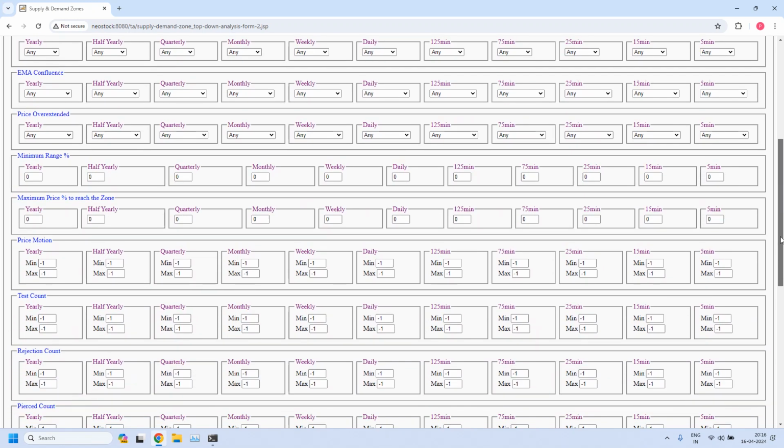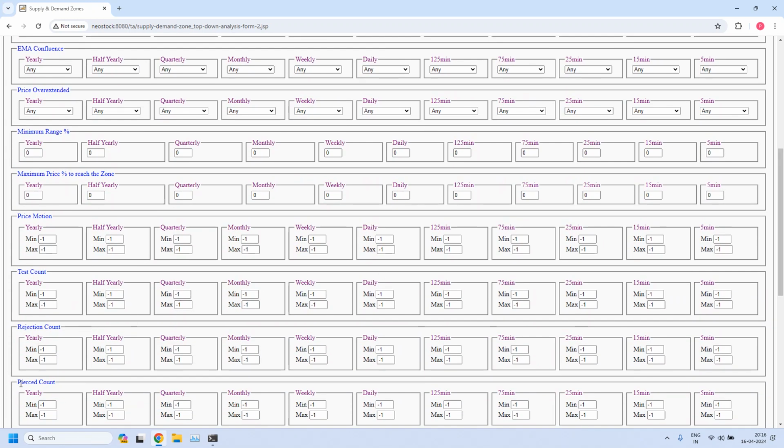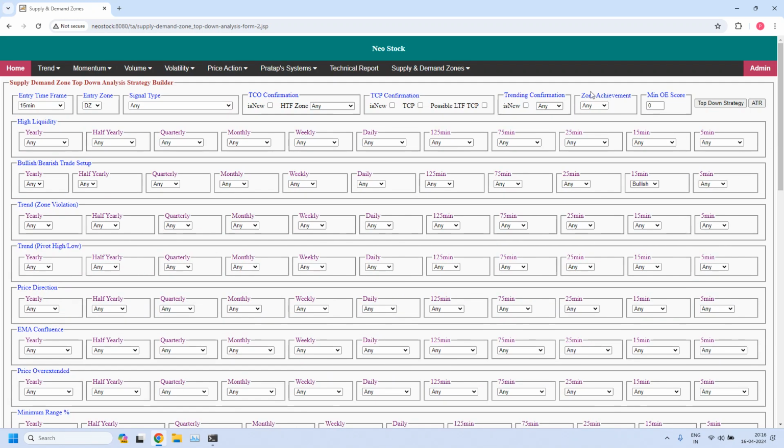First filter, we don't want pierced zones. So the pierced count parameter in 15 minutes time frame, I am setting the minimum value 0 and maximum value 0, which indicates pierced count should be 0. Pierced count 0 means zone is not pierced. And next parameter, zone achievement. It should be violated opposing zone. That is what we discussed in our lesson 20 checklist.